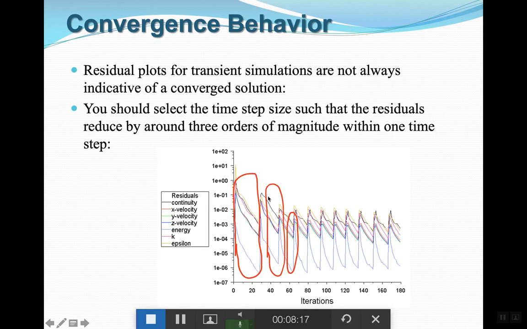But as we move to the next time step, since the situation has changed, your residuals are going to shoot up again. Once they shoot up, we have to perform iterations to bring down the residuals and come up with a definite result for that time step. And this goes on and on for the number of time steps that you have prescribed here.